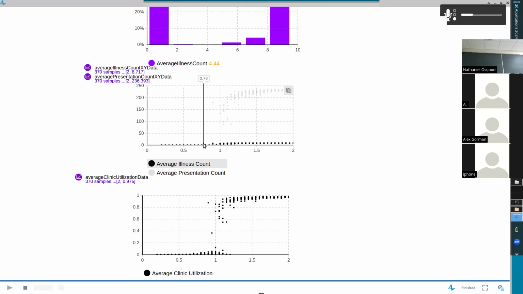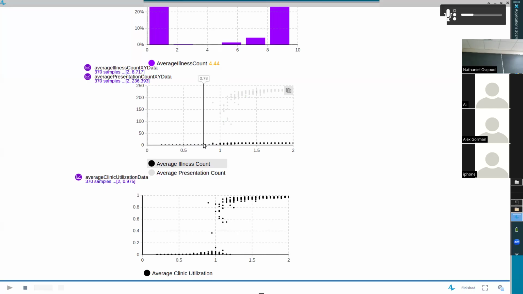It's not about arbitrary stories. It's about stories that hang together with our understanding of the world and with observation. So what's going on down here in terms of illness counts when our contact rate is low? Tell the story.